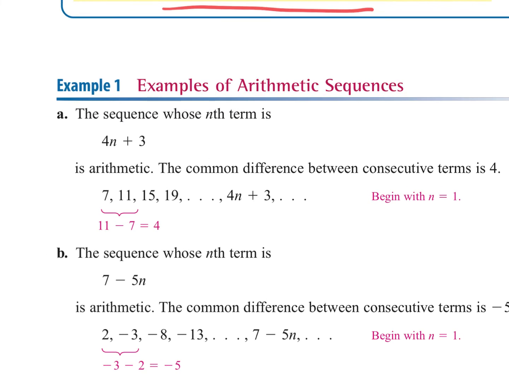If we had the sequence 4n plus 3, we can determine what our common difference is because it's going to be the slope, but also if we plug in numbers, if I plug in 1 for n, 2, 3, and 4, I can see that my common difference is 4. I'm adding 4 to get from one number to the next.